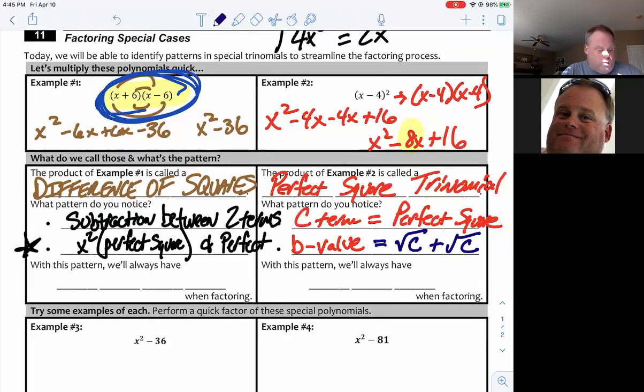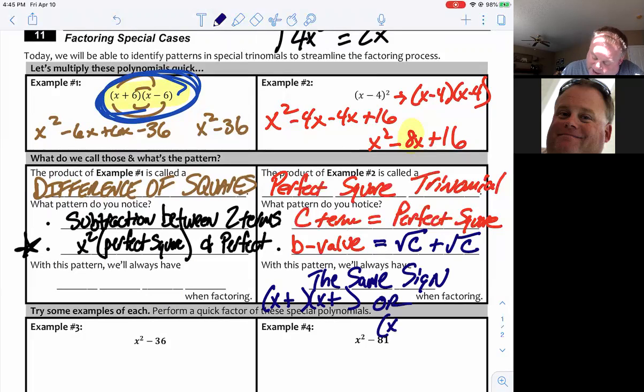With this pattern, we will always have the same sign when factoring, meaning that I'm always going to have an x plus times an x plus, or an x minus times an x minus.